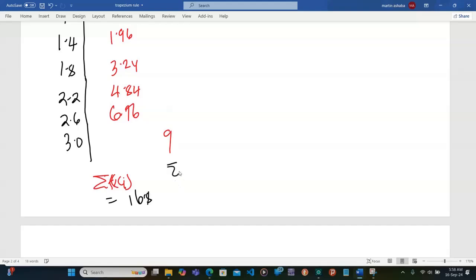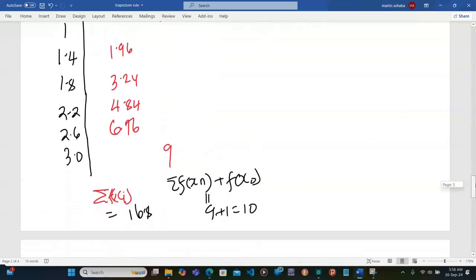And if we sum f of xn plus f of x naught, this is giving us 9 plus 1, and that is 10.